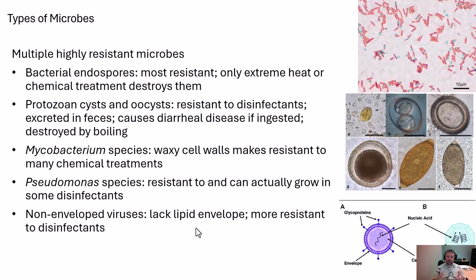So there are ways at which all of these things can be treated, but they show resistance to many different things. And so we'll talk about the process of choosing different methods to treat different resistant microbes. Sometimes it's two or three methods together, and that's the best approach to get rid of that microbe.